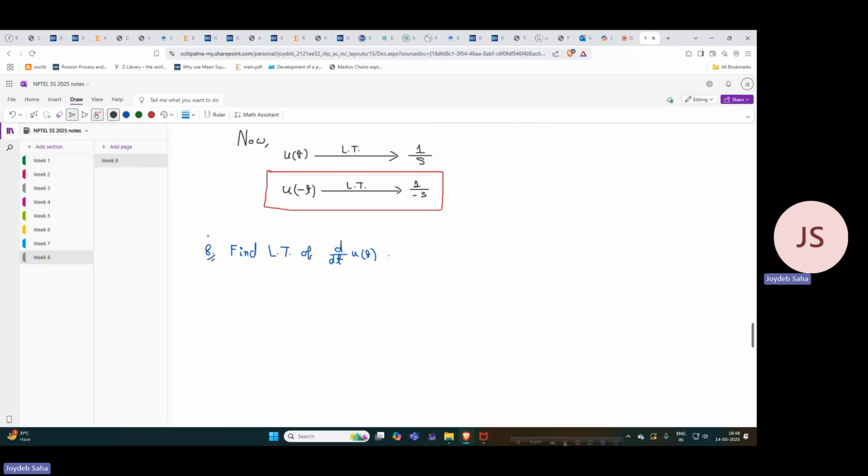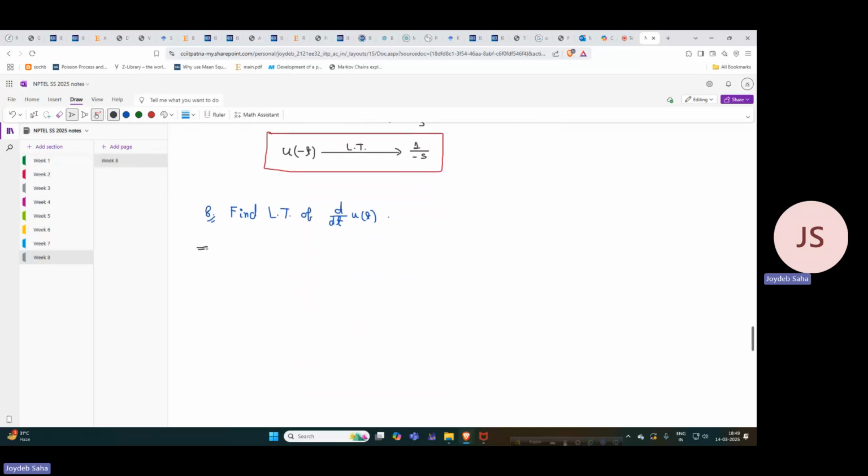So to solve this, we need again one more property, that is differentiation in time domain property.